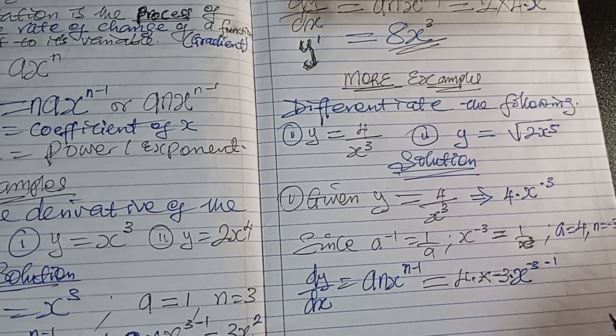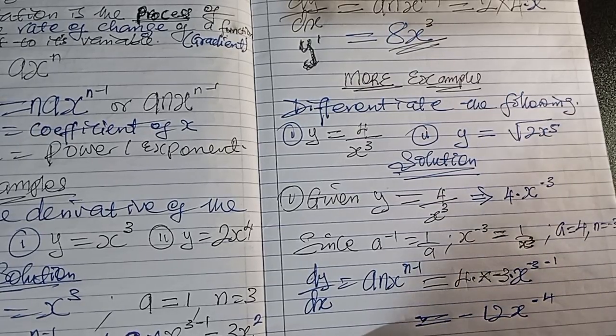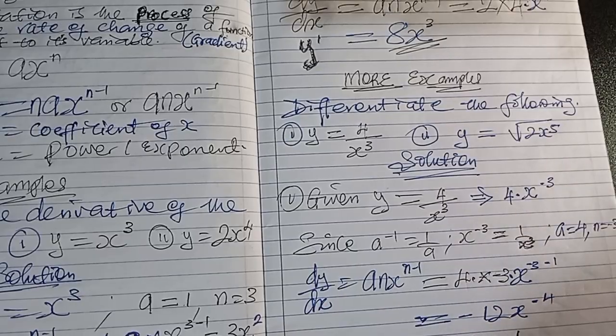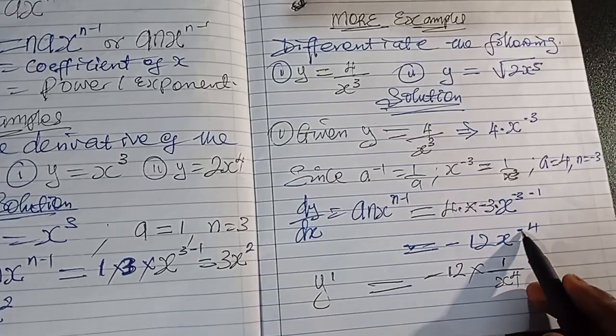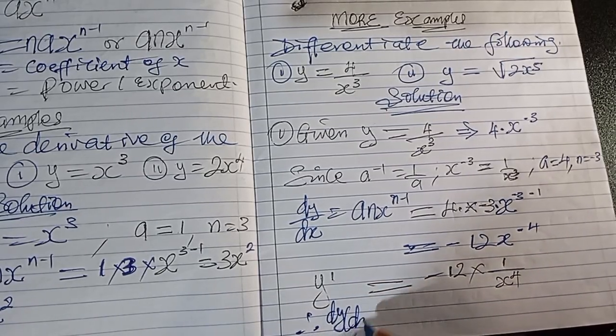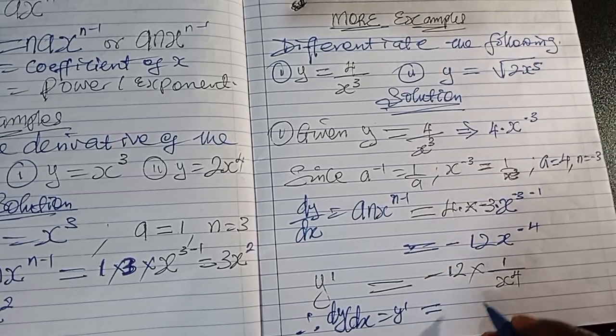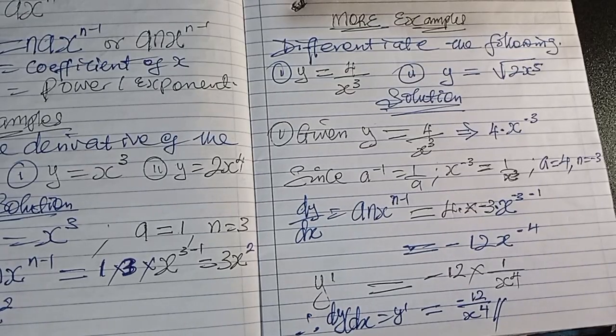So this is equal to minus 12 x raised to power minus 4. So y prime is also equal to minus 12 times 1 over x raised to power 4, because of this x raised to power minus 4. Therefore dy dx, which is y prime, is equal to minus 12 over x raised to power 4. Alright.